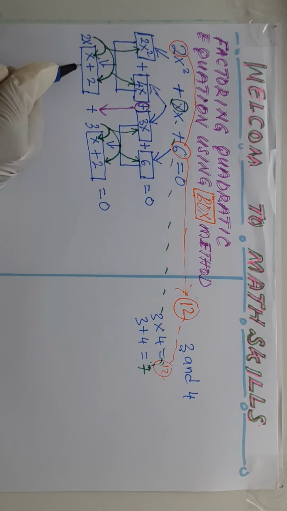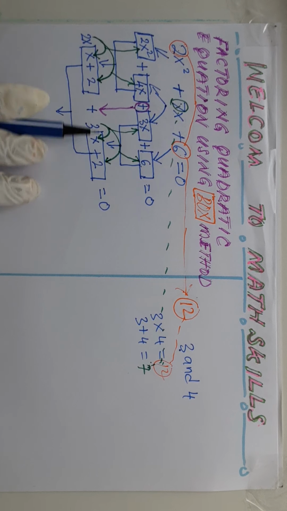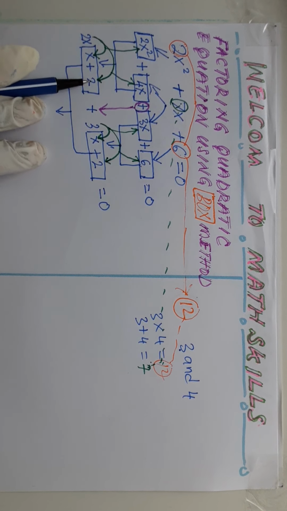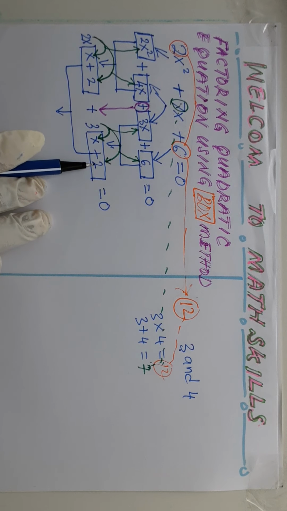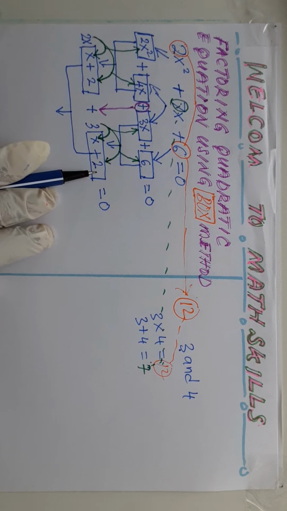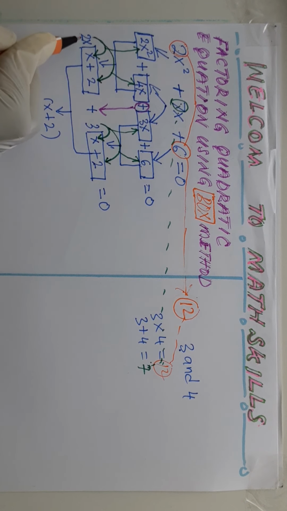Now, we are going to compare these two. What is common between 2x times x plus 2 and 3x times x plus 2? You can see that x plus 2 is common here and x plus 2 is also common here. So I'm going to write x plus 2 here. And what is left here is 2x.